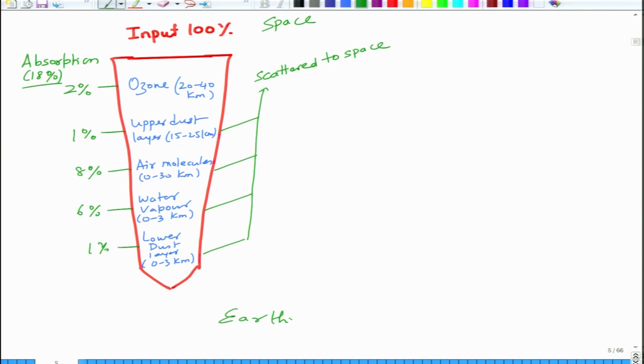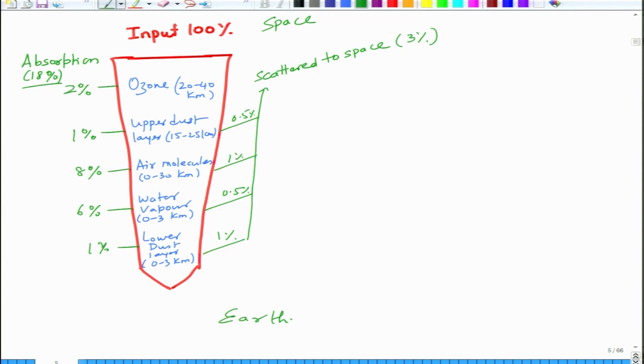This scattering is nearly, this is 0.5%, this is about 1%, this is about 0.5%, and this is about 1%.